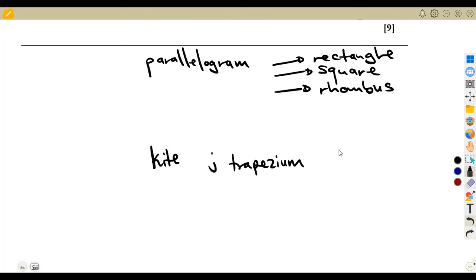All right, but for the parallelogram concept, you now know that they have the properties of a parallelogram, which is true. But how do I separate a rectangle from a square, from a rhombus?